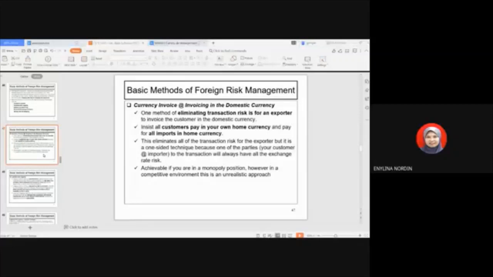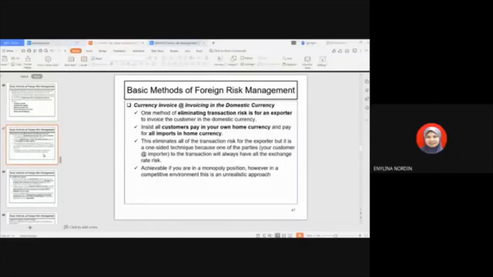Because as the company transfers the risk to the foreign customer or foreign supplier, it will make them not happy with the strategy, so it would create negative consequences, where they will move to other sellers or other suppliers.